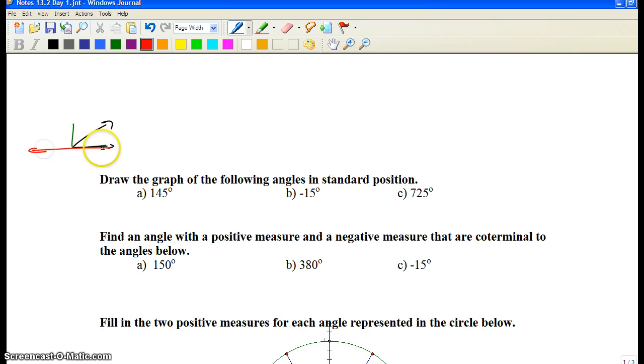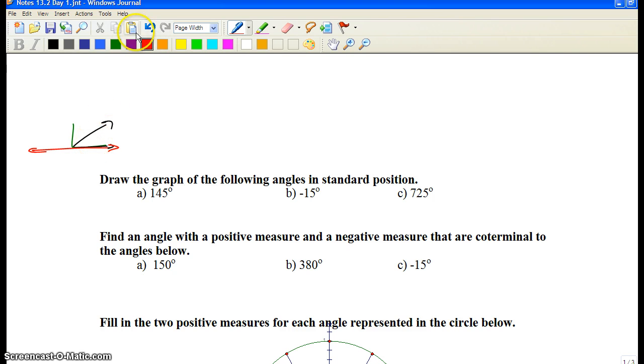Does this look like a 145 degree angle? No. What's the black angle's measure, about? 45, right? And the green one was like 90-ish. And the red one was like 180-ish. Okay, so let's get a bearing on where 145 needs to be.